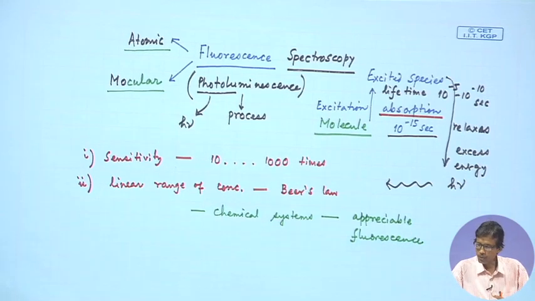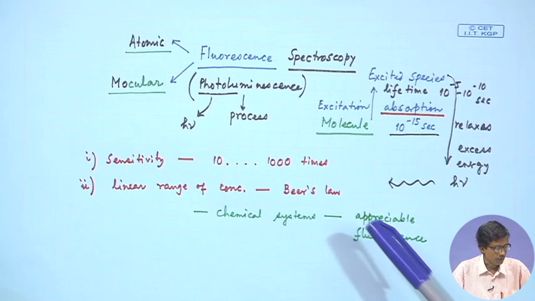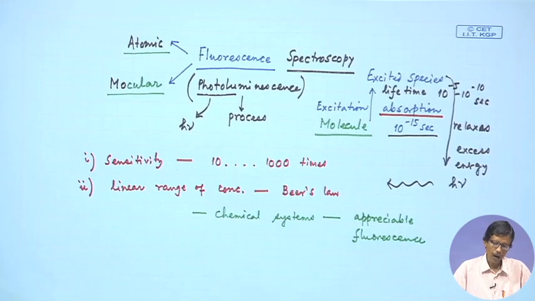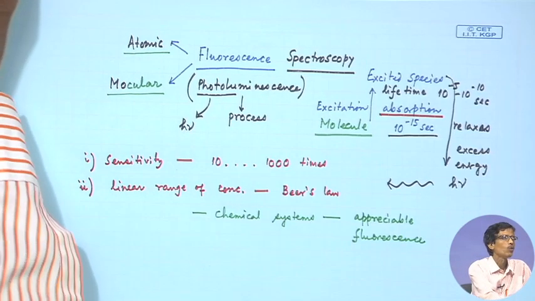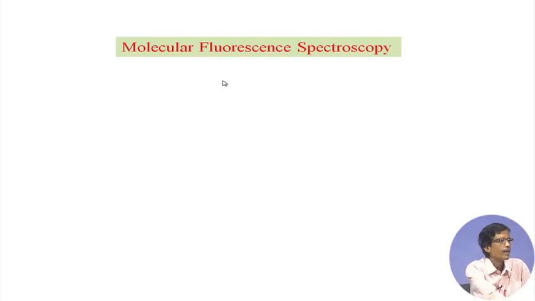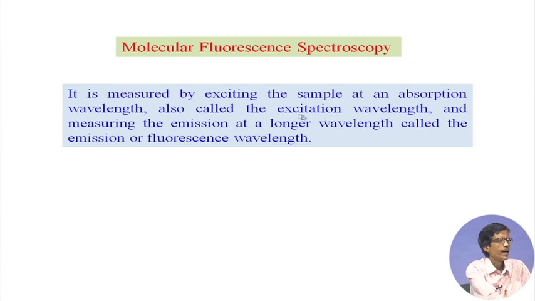So, when it shows some appreciable amount of fluorescence, then only can it be useful for our measurement. And what we see is how we can measure this, and how we go for this excitation for molecular fluorescence spectroscopy. What we find is that when we excite the sample at an absorption wavelength, we know the lambda max for absorption, and that is very useful.